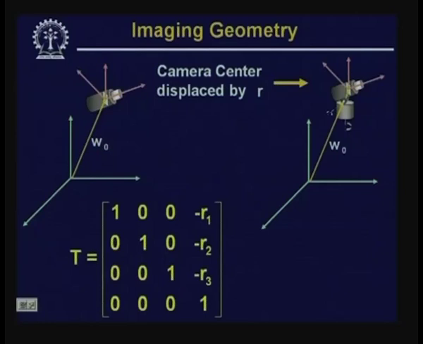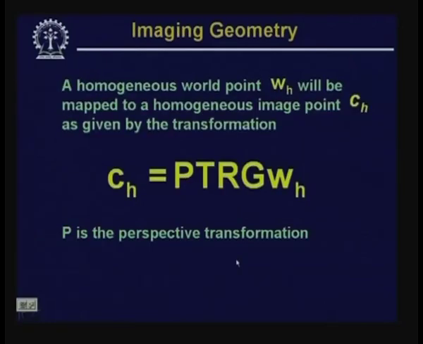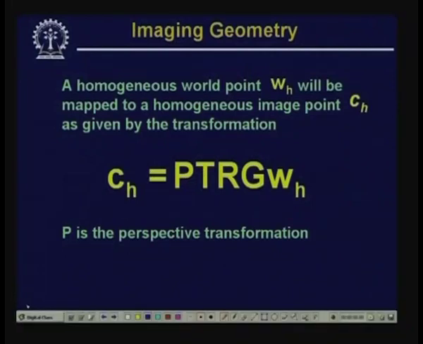So, if I apply all these transformations one after another and I represent the 3D world point W by the corresponding homogeneous coordinates W h, then you find that these transformations T, R and G taken together on this homogeneous coordinate W h give you the homogeneous transformed point W as seen by the camera.